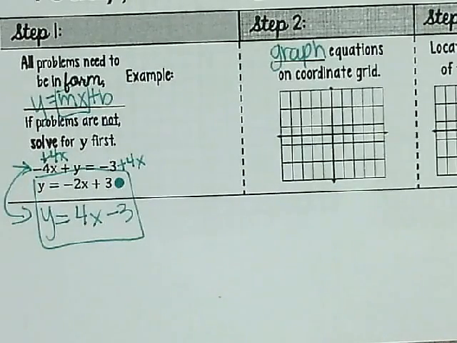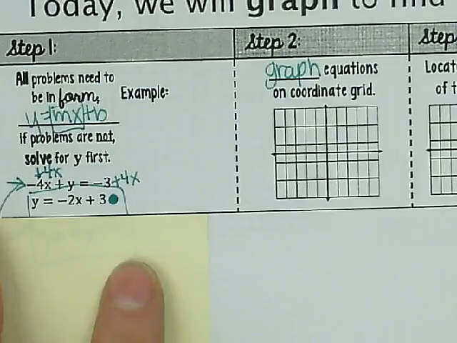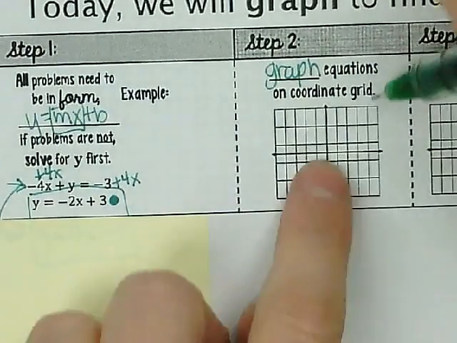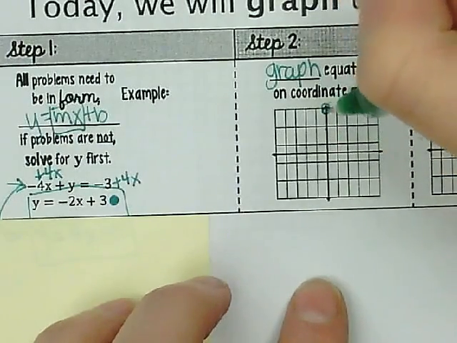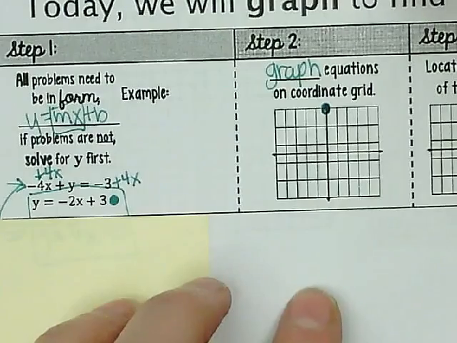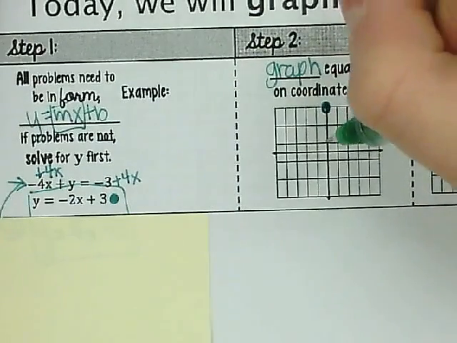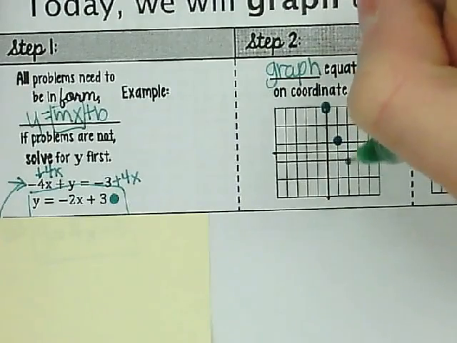Did someone say something? +3. On which axis? Perfect. So I'm going to start at 3. So 1, 2, 3. And then my slope tells me to go down 2, right 1. So down 2, right 1. Down 2, right 1.